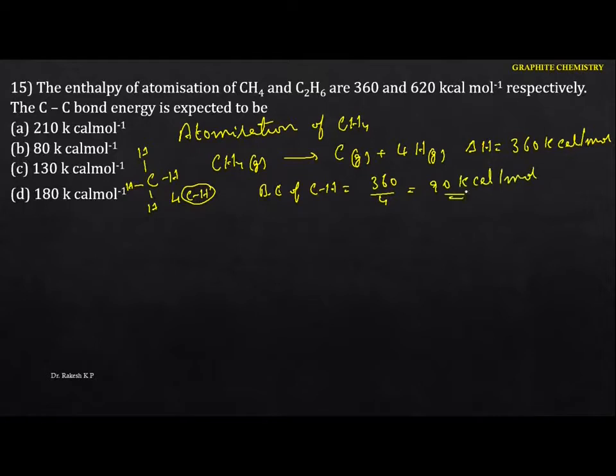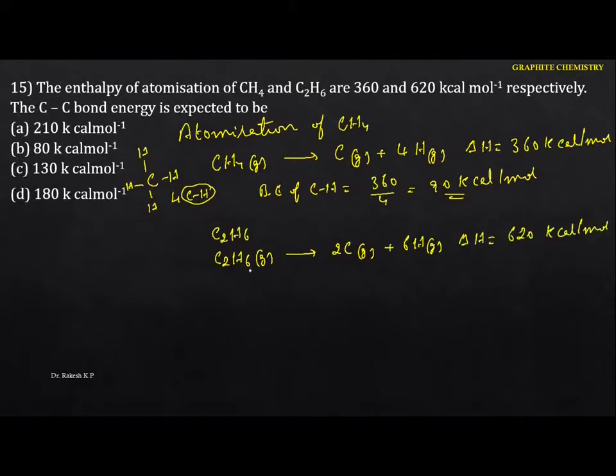Okay, so similarly for the atomization of ethane. If we're talking about ethane, see this one here. See the atomization here. How many carbons are we having? 2 carbon. And how many hydrogens are we having? That is 6 hydrogen. Let me write the 6 hydrogen here. The enthalpy of atomization value they've given is 620 kilocalorie per mole.